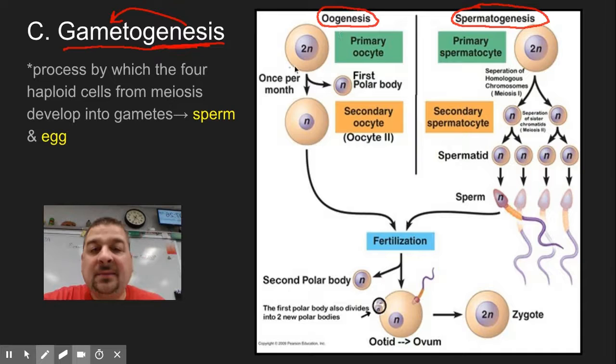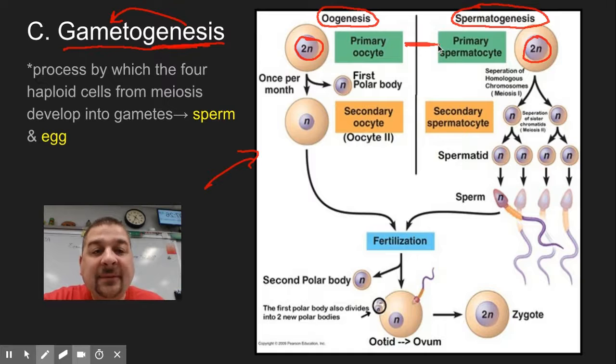Okay. Now notice, I love this graphic here. This gives us a good representation of how the 2 processes are different when we look at meiosis. Okay, we start with the mother cell in both of them that are 2N, so the primary spermatocyte and the primary oocyte, okay, which are 2N.